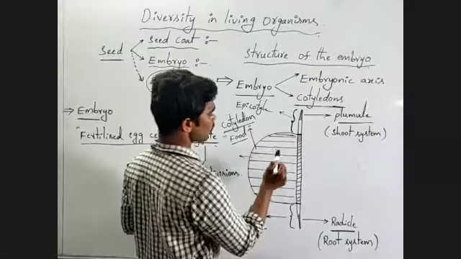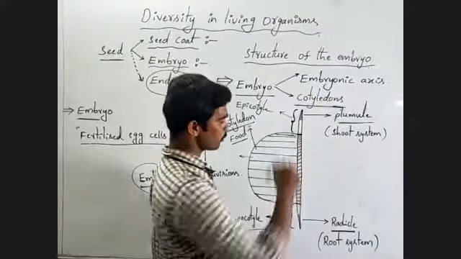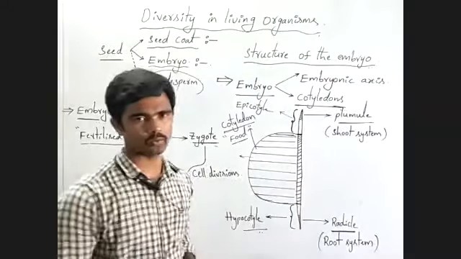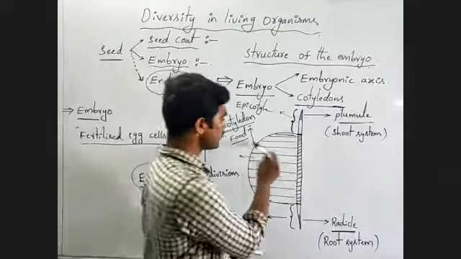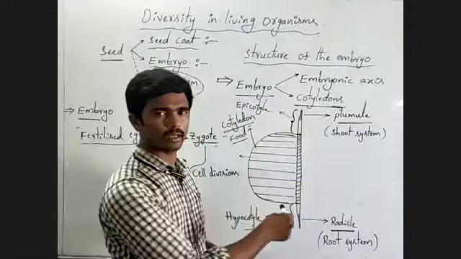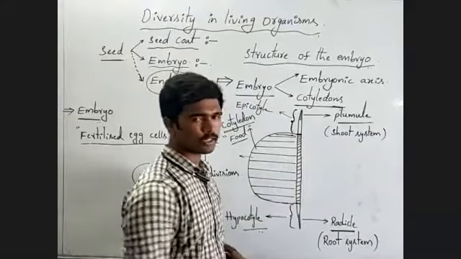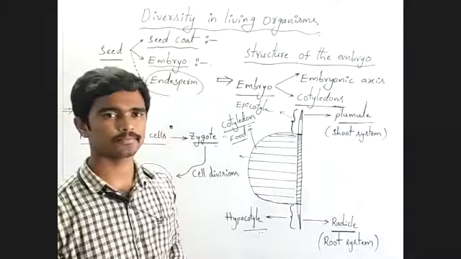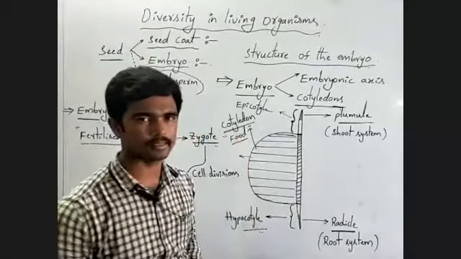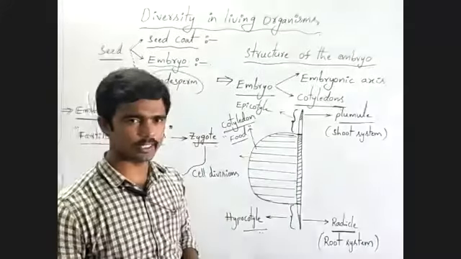Yes, cotyledons supply the food materials to the plumule, or this entire embryo. Cotyledons supply the ready-made food material to the entire embryonic axis. Okay, this is the main function of the cotyledon. Leaves are not present here.